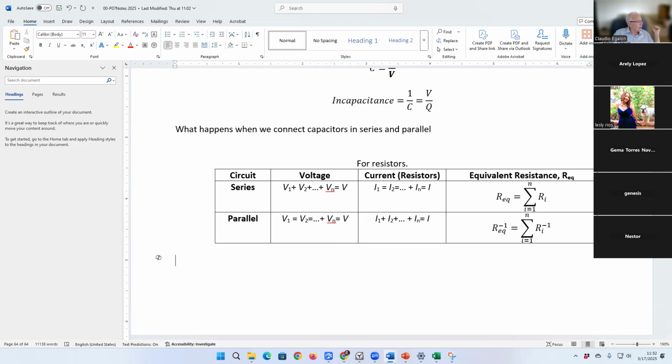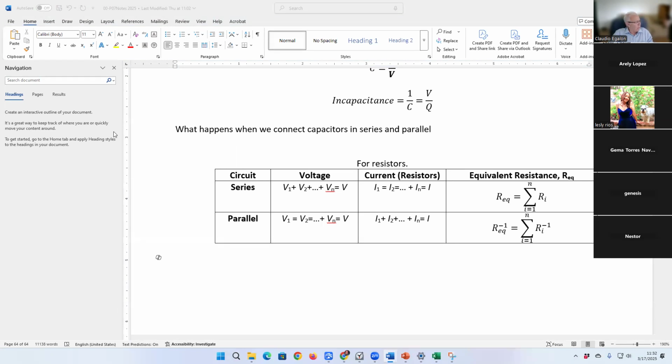And then what happens to capacitors? Something quite similar happens. It's not exactly the same. But I'm going to give you the final solution, right? And then I will walk you through the derivation. It's possible to do that.